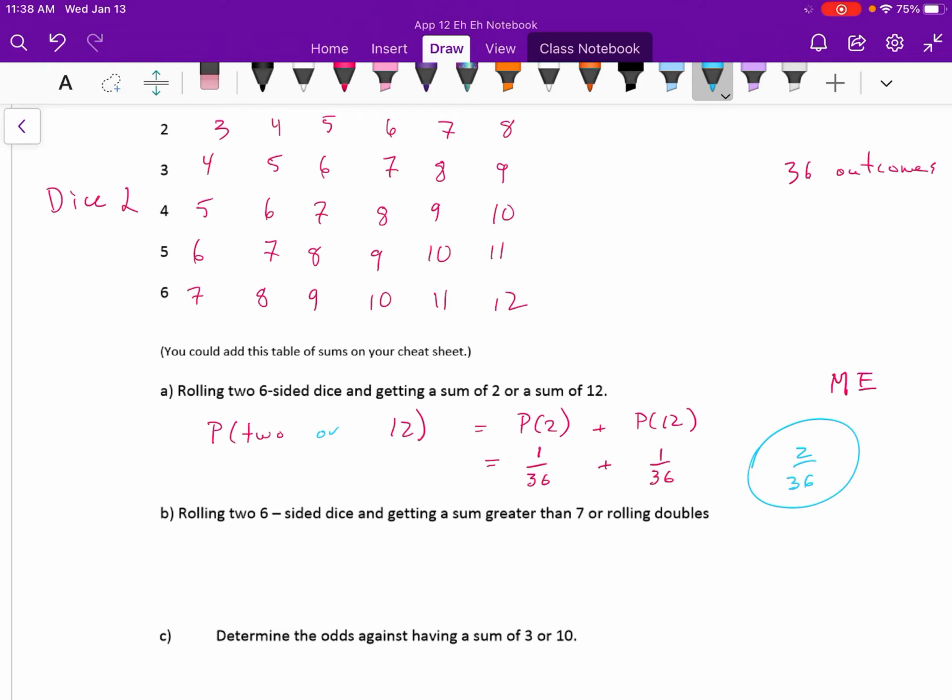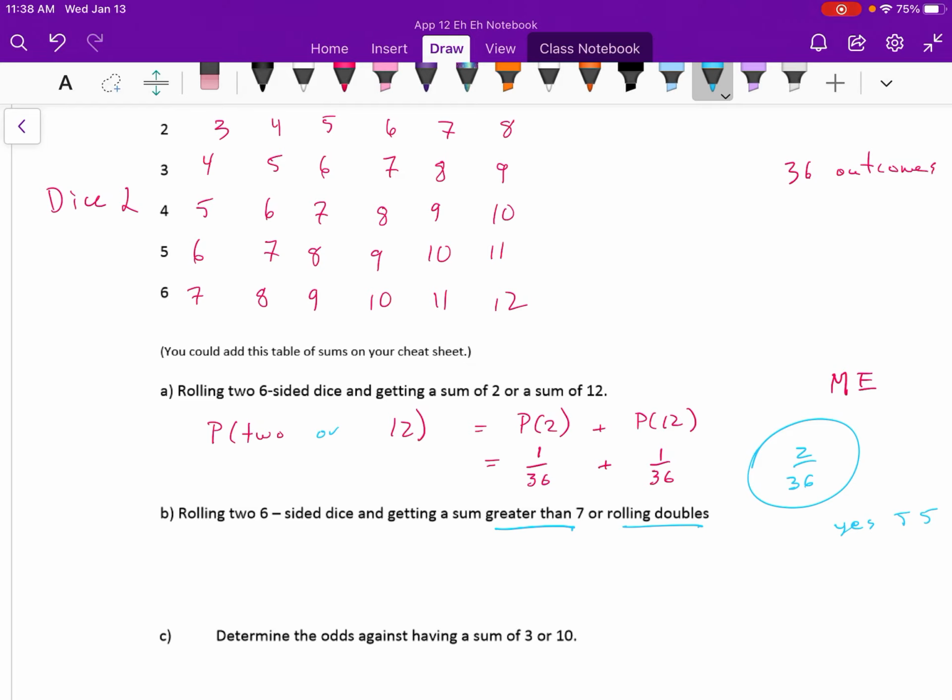Rolling two 6-sided dice and getting a sum greater than 7 or rolling doubles. A sum greater than 7 means 8, 9, 10, 11, and 12. So can you roll a sum greater than 7 and roll doubles?